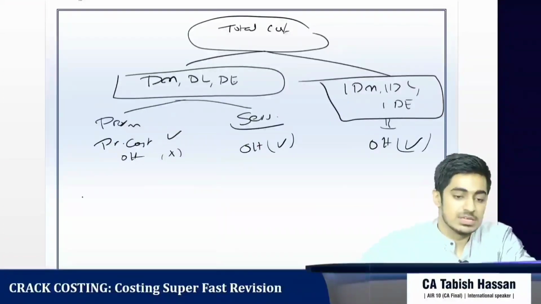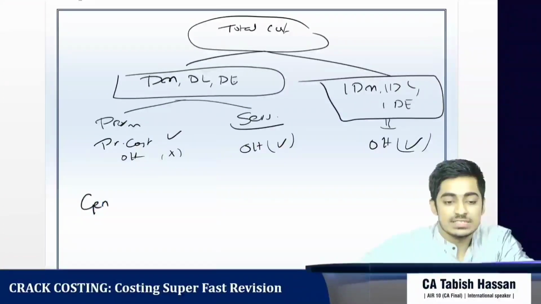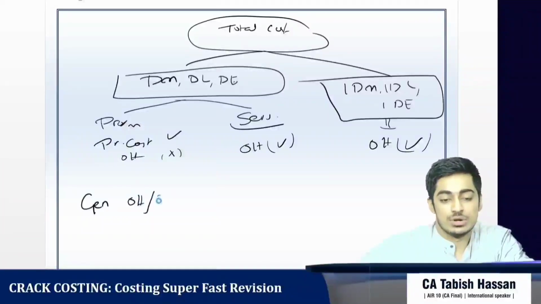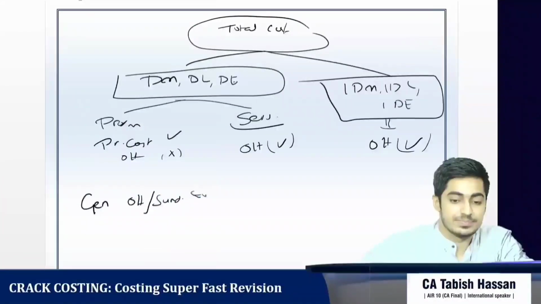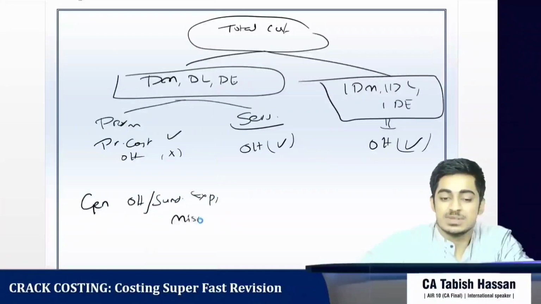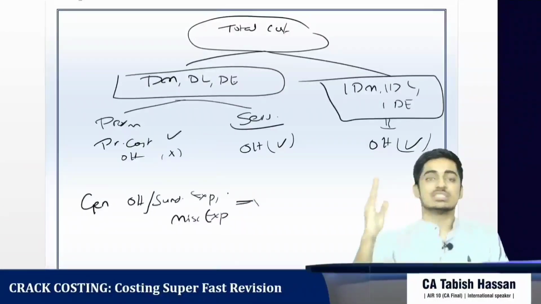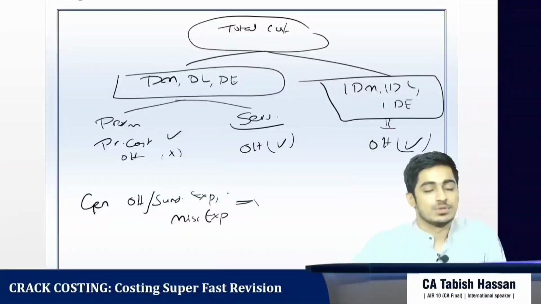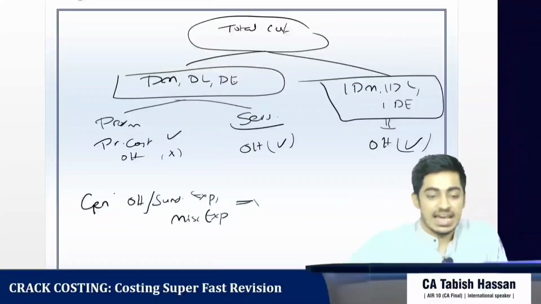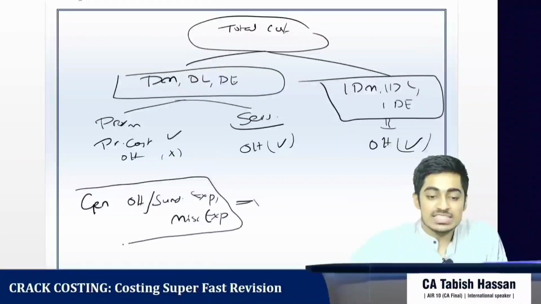Next, for apportionment, we want certain basis. Say for example, the question has given us the general overheads or sundry expenses or miscellaneous expenses. On what basis do we apportion this amongst the different departments? What ICAI is considering is, ICAI considers these costs as employee related cost.